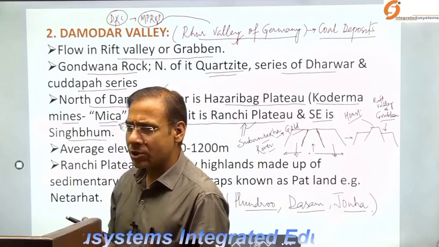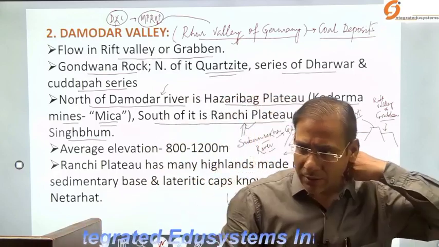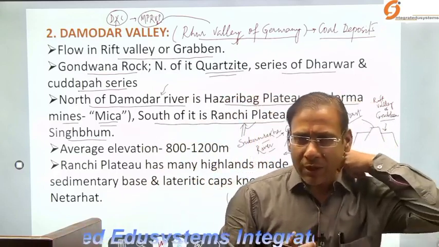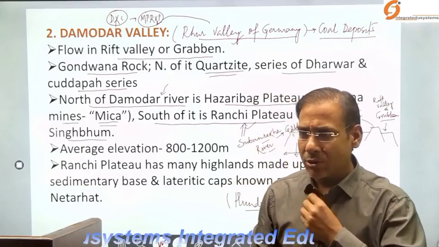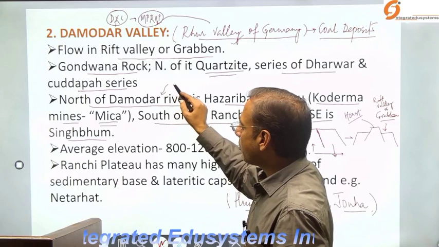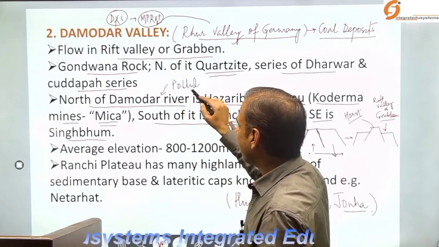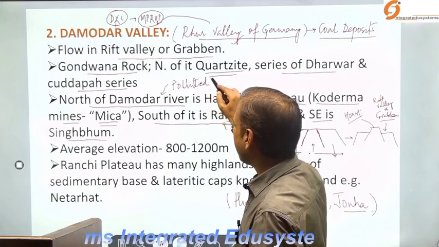So the major problem for the geologist as well as geographer and environmentalist is how to rejuvenate the Damodar river. The biggest problem is that it is one of the most polluted rivers of India.